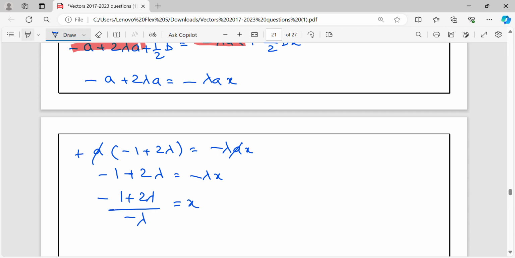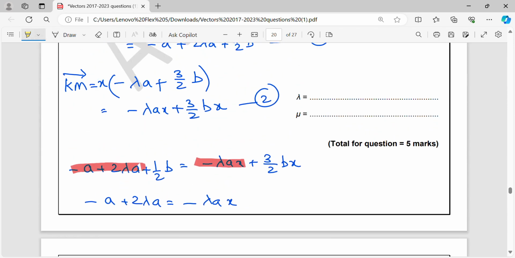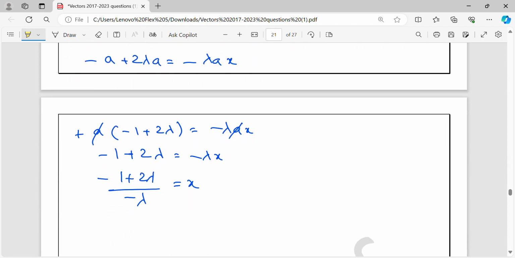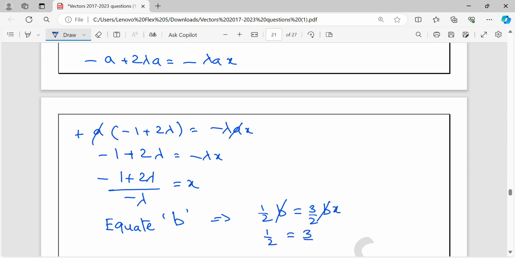It's time to equate b. So 1/2 b equals 3/2 bx. b is cancelled, and 1/2 equals 3/2 x.